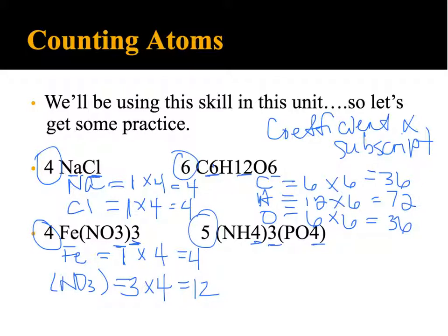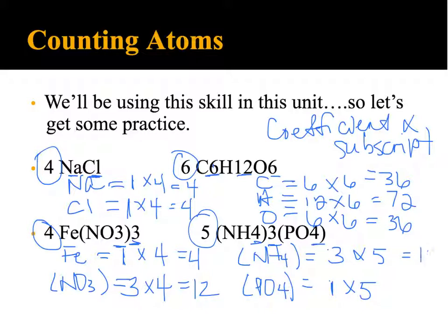Same thing here. I'm going to keep the NH4 as a group, and I'm going to keep the PO4 as a group. You'll understand more about why I did that when we go to balancing. It's a strategy. I write down the subscript and multiply by the coefficient. In this unit, you're going to be doing this yourself.